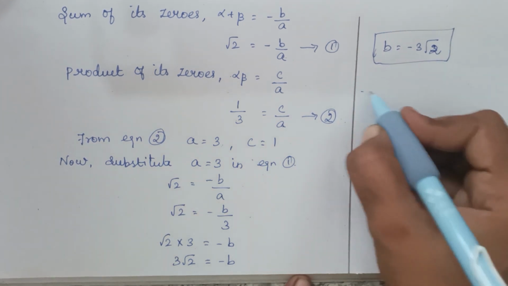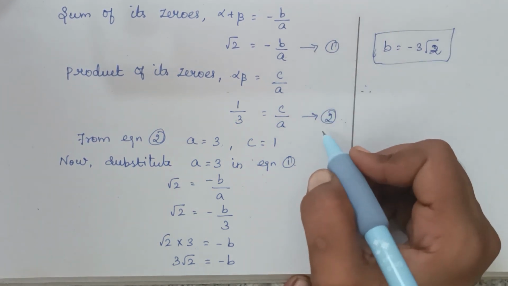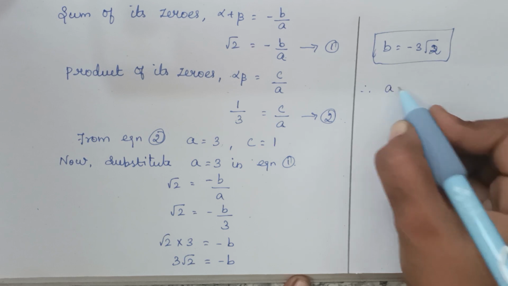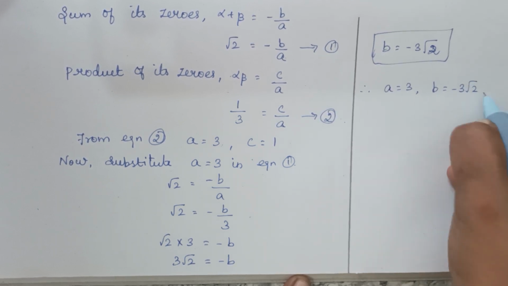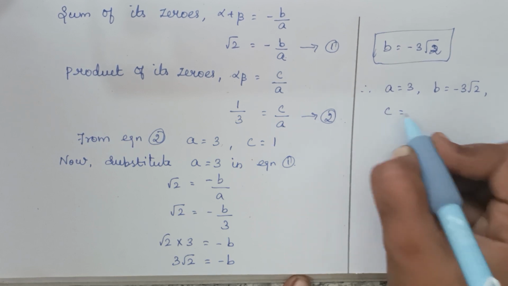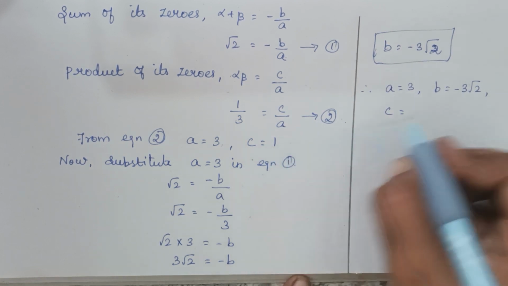So therefore, from equation 1 and 2 we found a is equal to 3, b is equal to minus 3 root 2 and c is equal to 1.